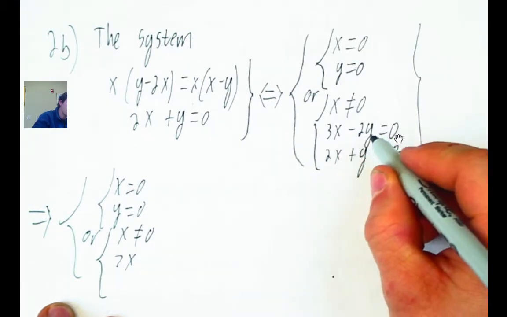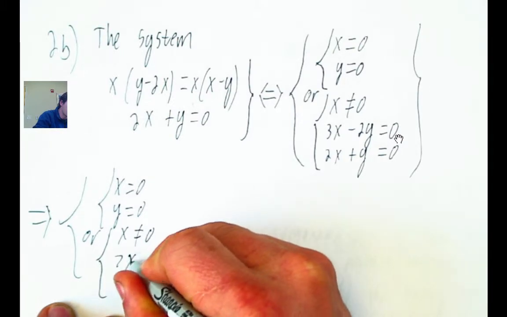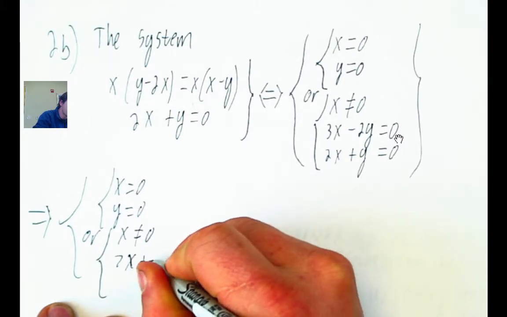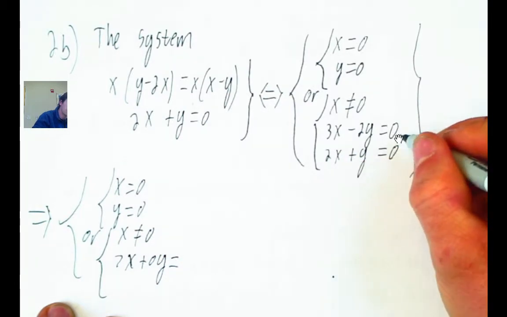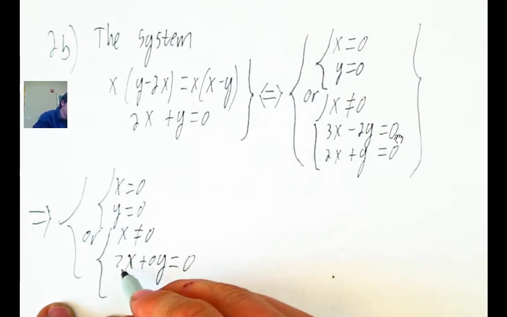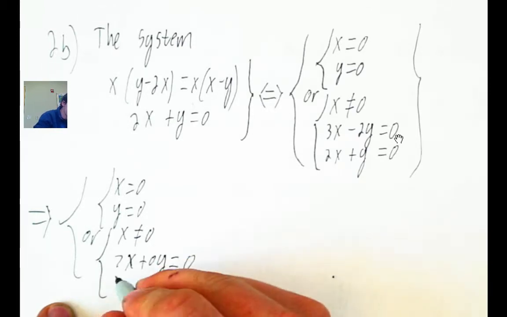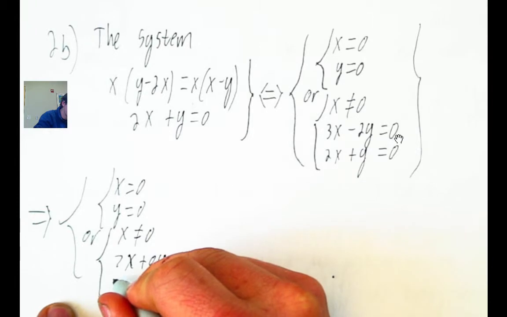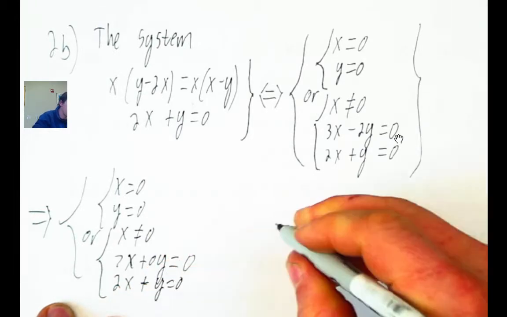And then negative 2y plus 2 times y, that'll give me no y's. And on the other side, 0 plus 2 times 0 is 0. And, oh, you know what? Right away, I see that this equation right here says 7x is equal to 0. So, for the sake of being complete, I'm going to write 2x plus y is equal to 0 here. Just recopy that previous equation.